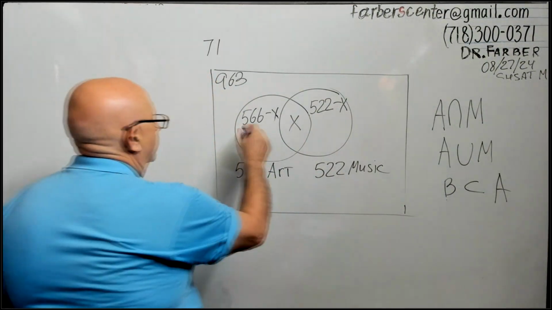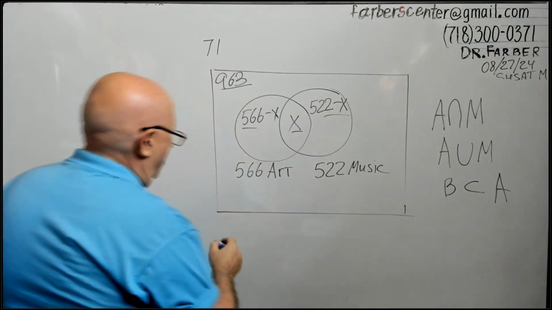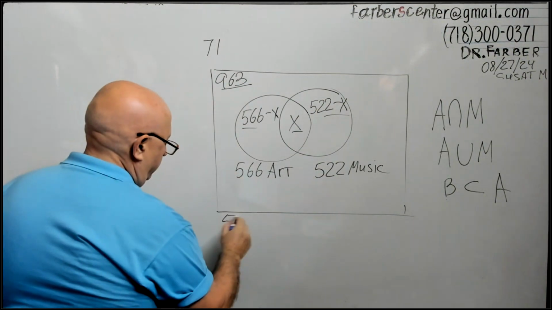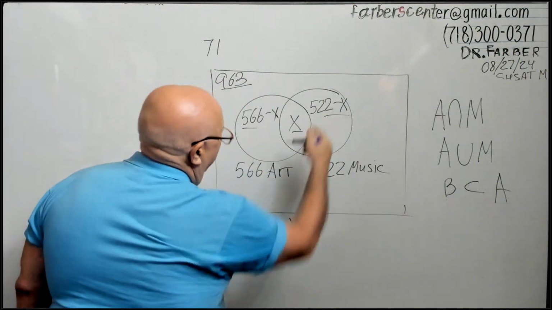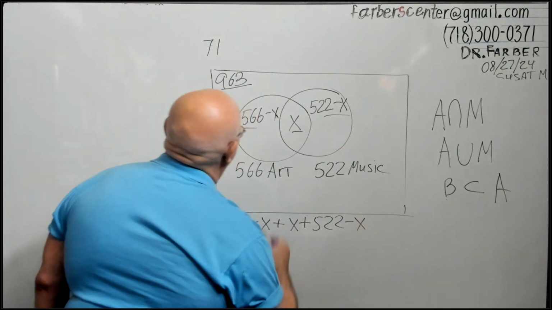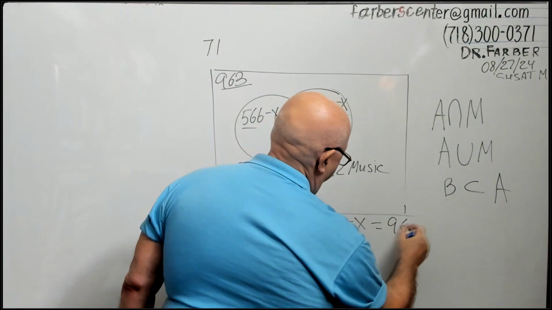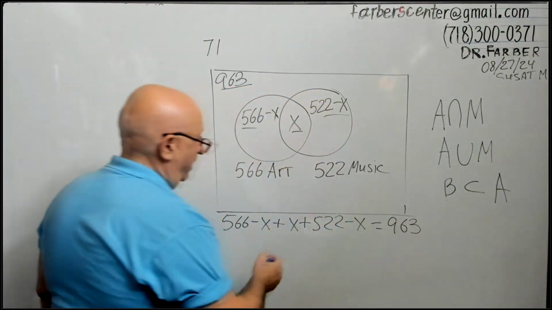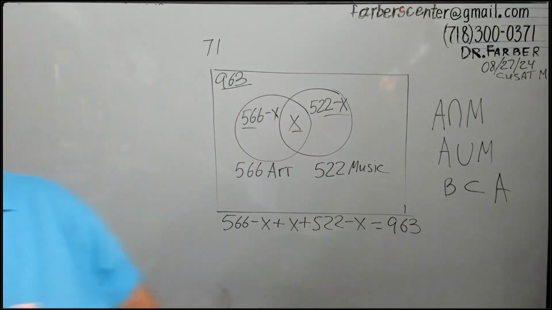Now, if you add these together, you're supposed to get the total. So 566 minus x plus x plus 522 minus x is supposed to equal 963. And after that, solve for x. So we have to solve this equation to find x.